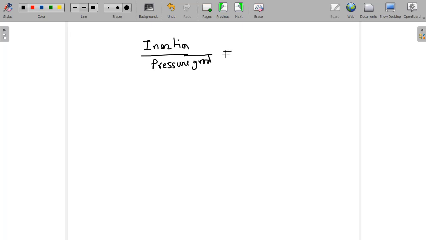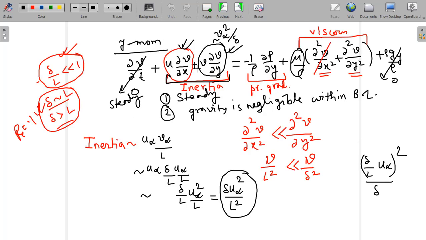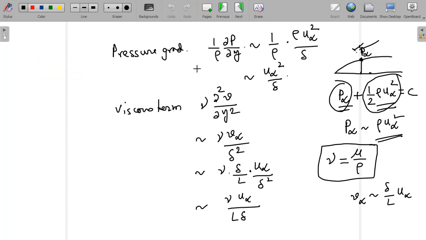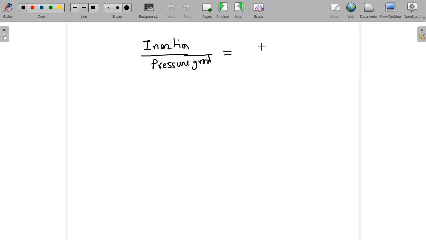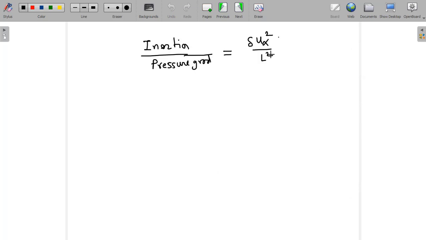The inertia term is delta u infinity square by L square, and the pressure gradient term is u infinity square by delta.